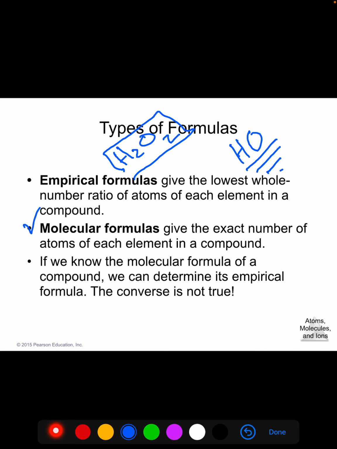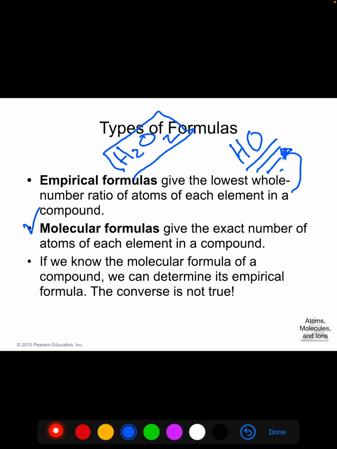But if you go back to Dalton and you talk about the simplest whole number ratio, if I divide both of those by 2, I get HO. That's an empirical formula. Okay? Sometimes that's all you can determine about the chemical makeup of a substance until you have additional information.